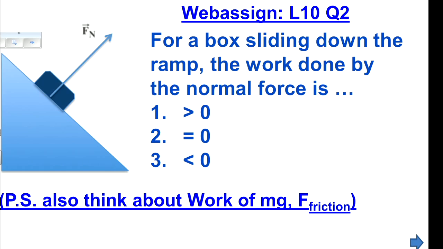Right now, there's gravity, normal, might be static friction in my finger, but if I let it go, there's only gravity, normal, and friction. That's it, only three forces. For each force out of these three, of course, we can calculate work. And this question about work done by the normal force. Yes. But also, you should think about work done by gravity, work done by friction, if it's there.